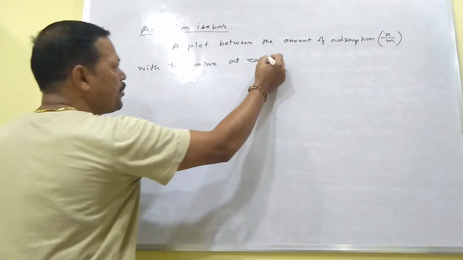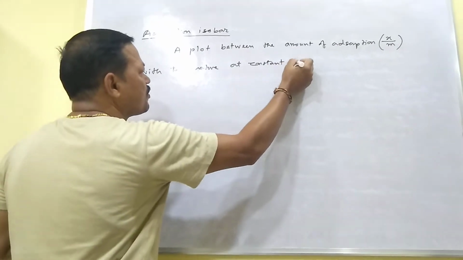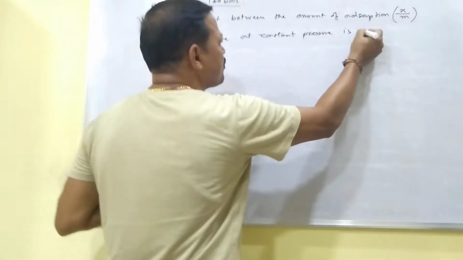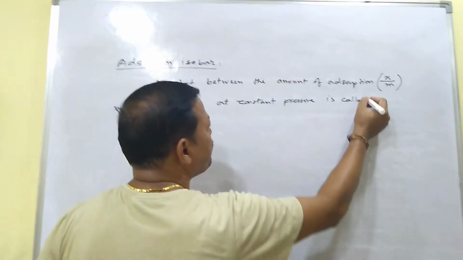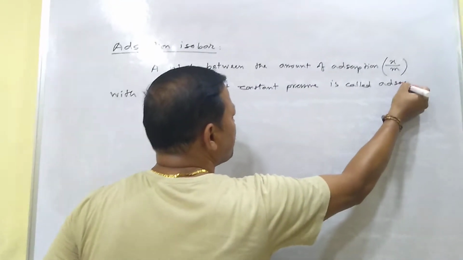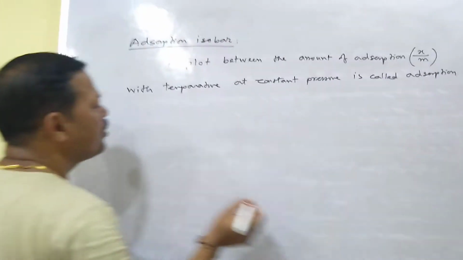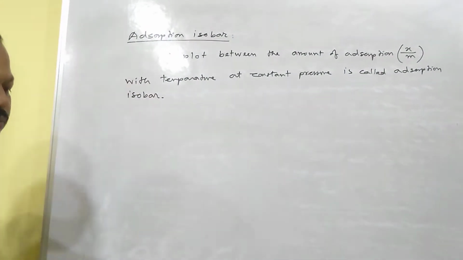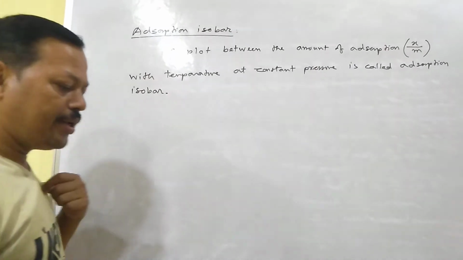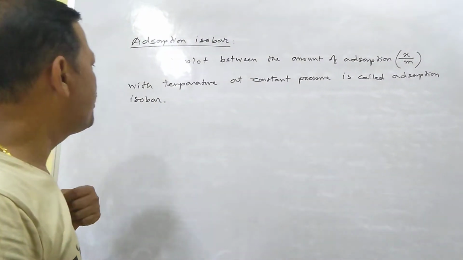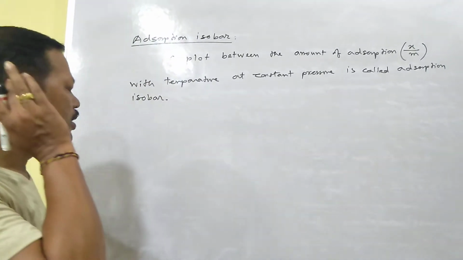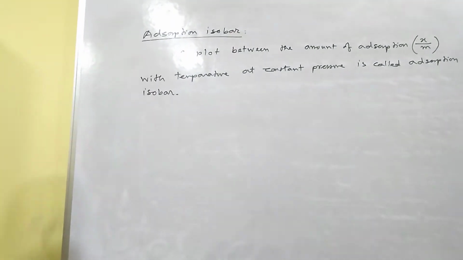Isobar means constant pressure. A plot between the amount of adsorption with temperature at constant pressure is called adsorption isobar.